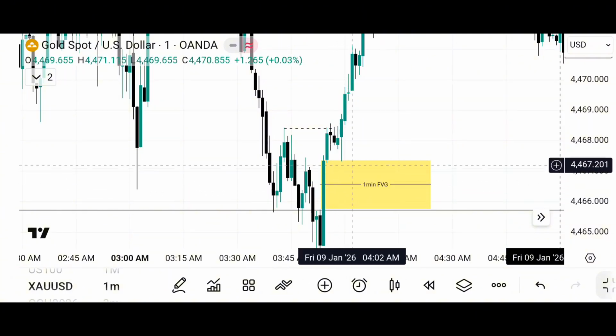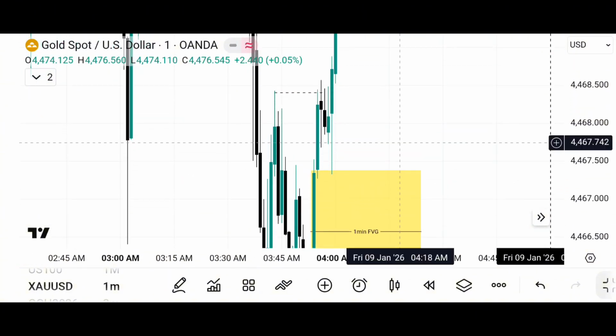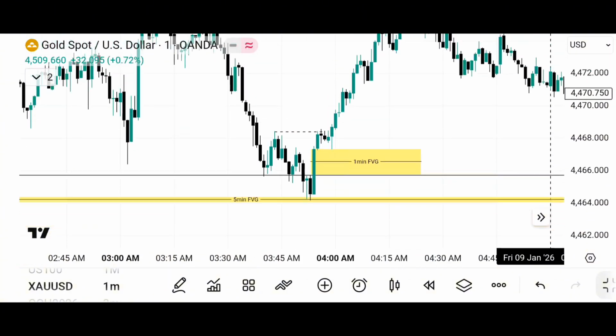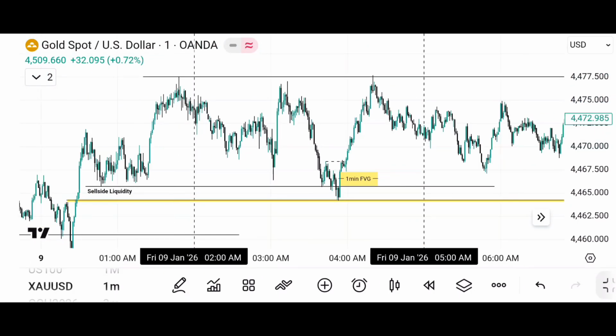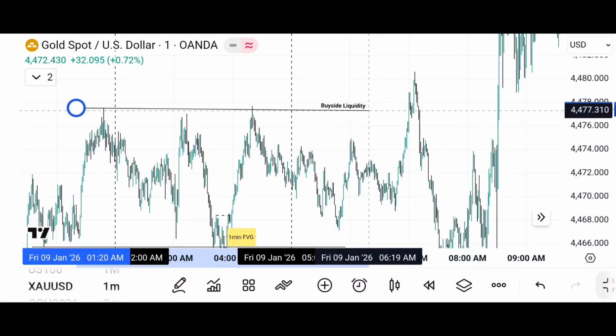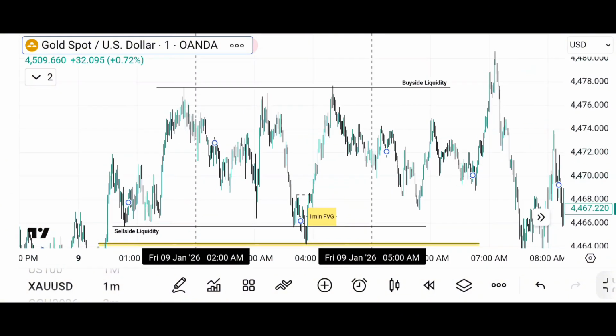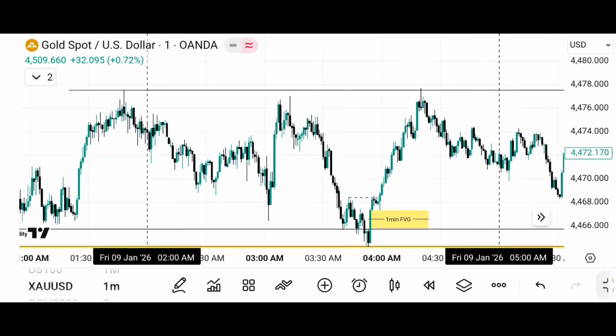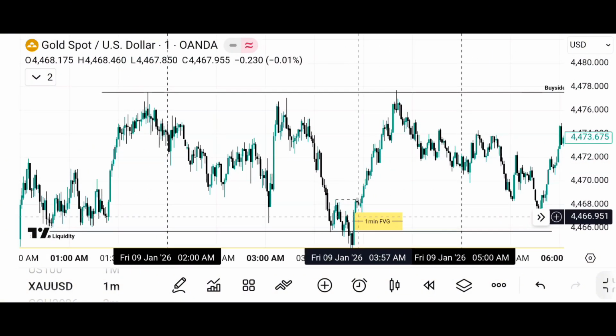Okay, it traded into the volume imbalance of the fair value gap and started running upward to take out buy side liquidity.